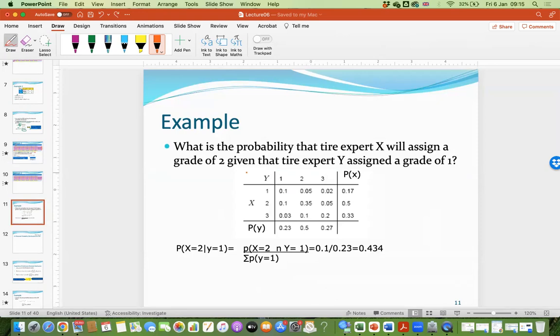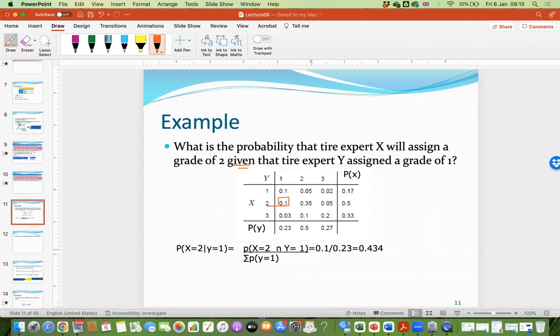So we know that Y first, Y equals to 1 given, then X equals to 2. It's saying given, right? So I quickly write it out. X equals to 2 and Y equals to 1.